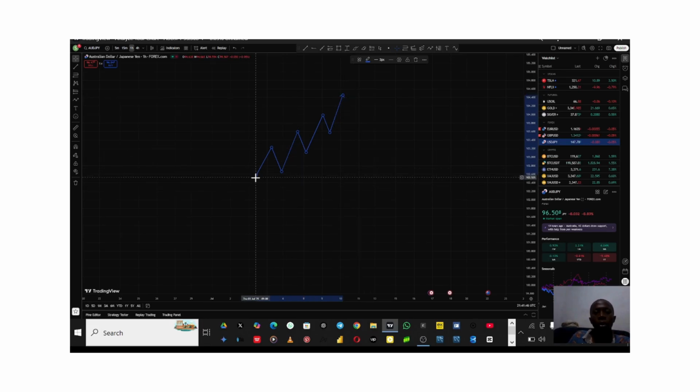This lower high, this lower low, this higher low, this higher high, higher low, higher high, higher low, higher high. So how can you identify a valid order block? There must be an impulsive move, and there must be an FVG.